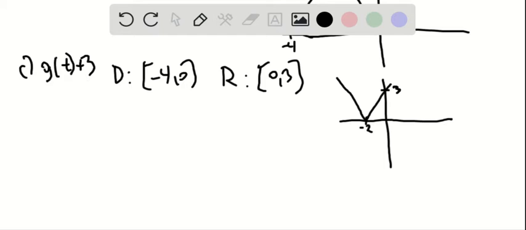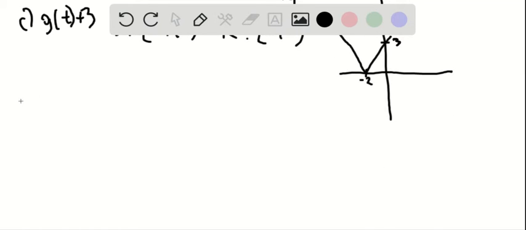Okay, now let's look at part D. So part D, we have the function 1 minus g of t, okay, which could be thought of as minus g of t plus 1. So we have that minus outside of the function. That's a reflection about the t-axis, and then the plus 1 shifts us up by 1 unit. So what we're given is 1 minus g of t.